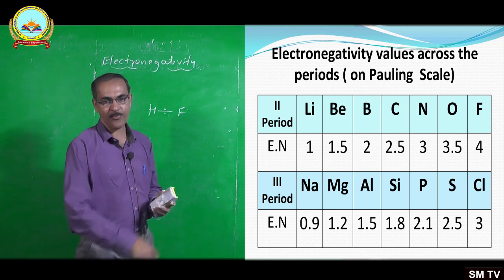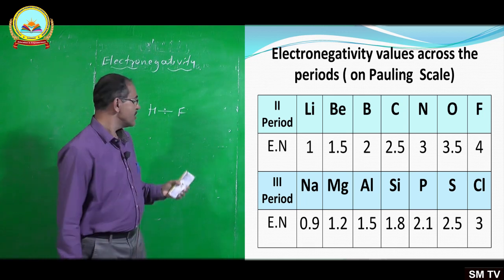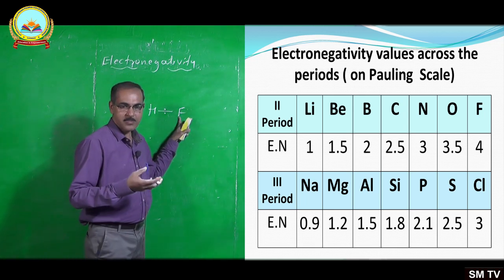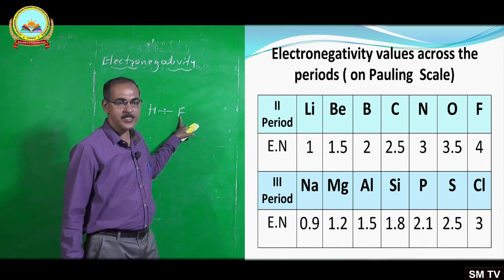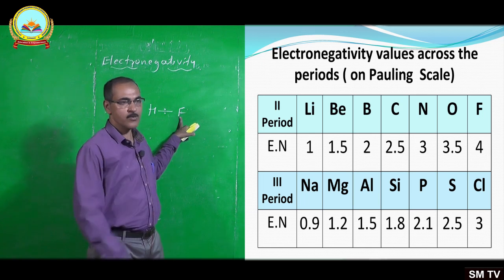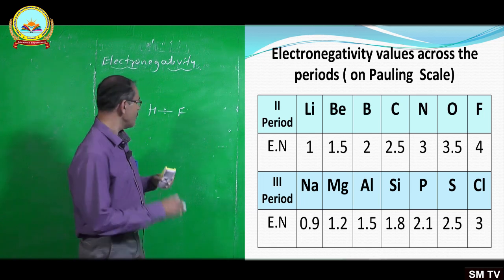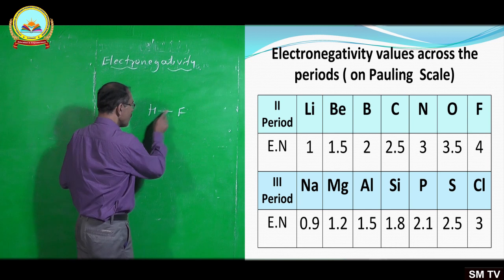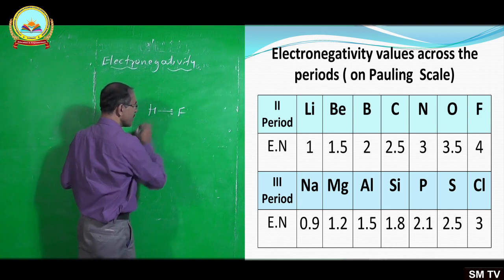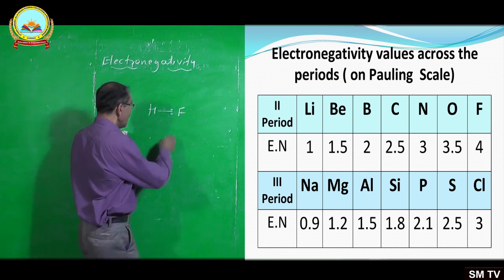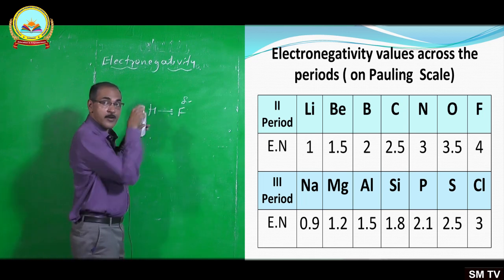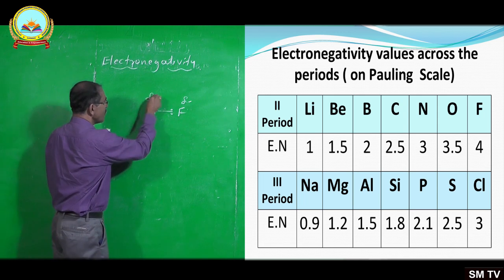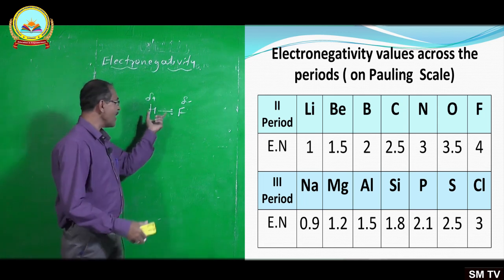Once the bond is formed, fluorine has greater electron withdrawing capacity. It has a greater tendency to pull the shared electrons towards itself. So this electron pair is now more towards the fluorine atom, and fluorine gets a fractional negative charge, hydrogen gets a fractional positive charge, and polarity is produced.